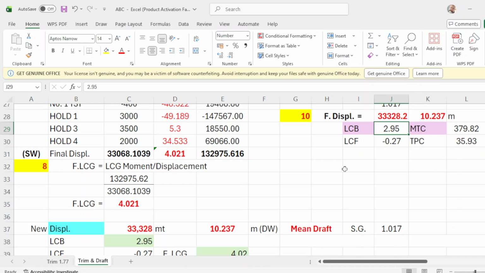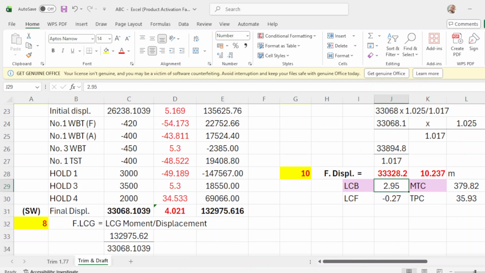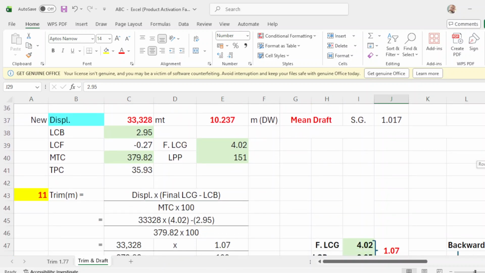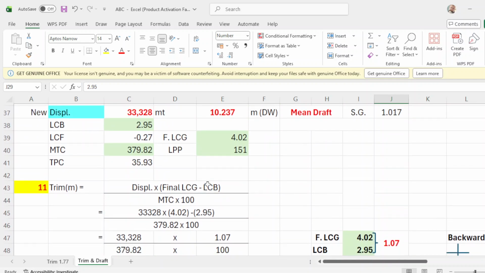Your LCB is 295, and your displacement is 33328 over your MTC of 37982 times 100.